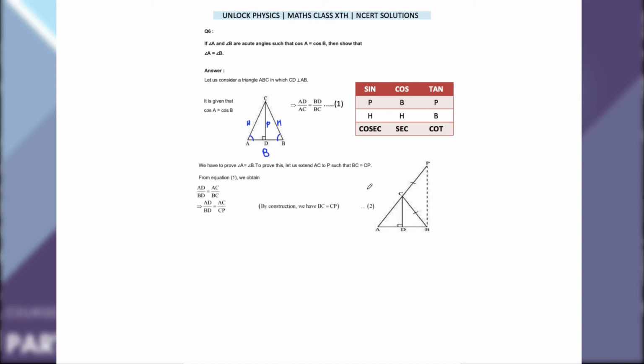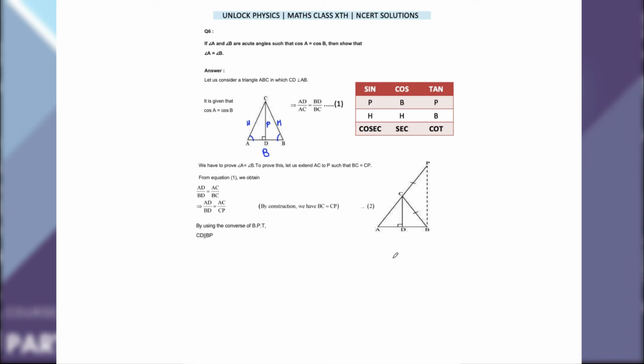Now from equation 1 we obtain that AD upon BD is equal to AC upon BC. So AD upon BD comes also equal to AC upon CP from this construction that we have made.